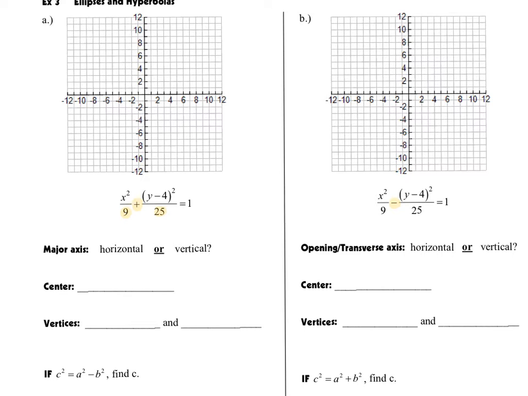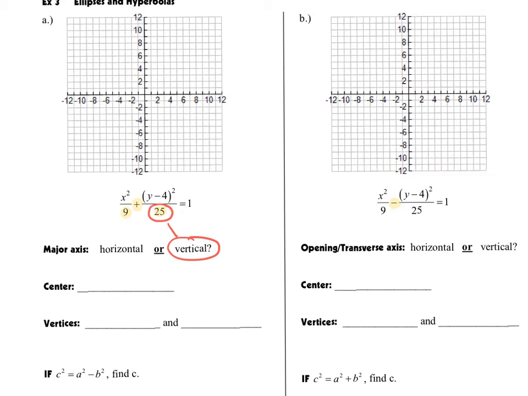The next question we want to ask ourselves is, how can we determine what way it's been stretched or opened? On the ellipse, what we're going to look for is where the larger denominator is. This larger denominator is under the y term, and that's going to tell us that it's going to be vertical. It's truly that simple.